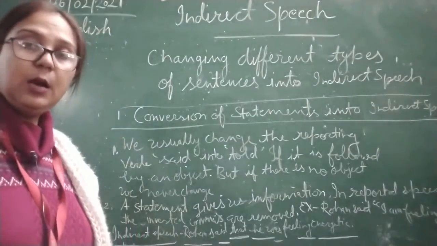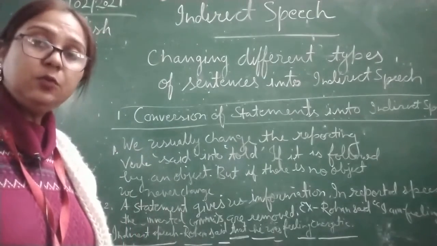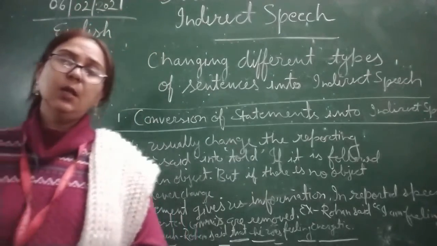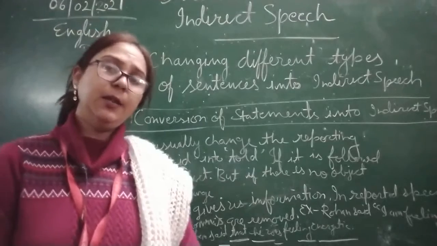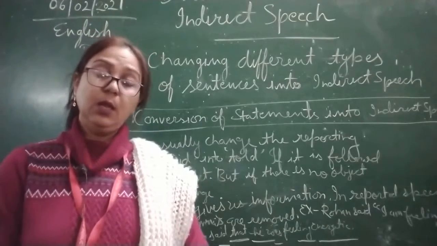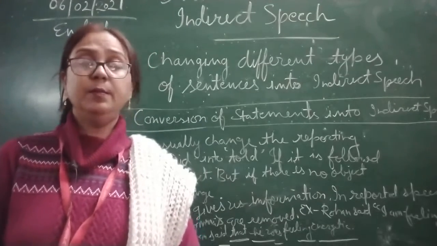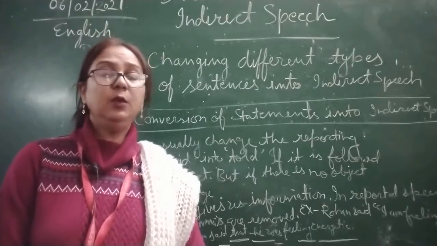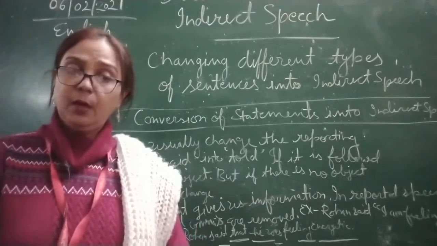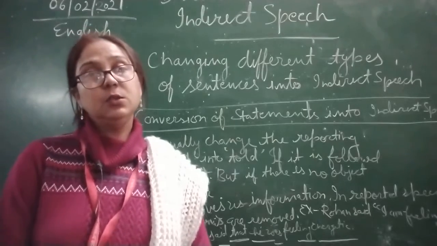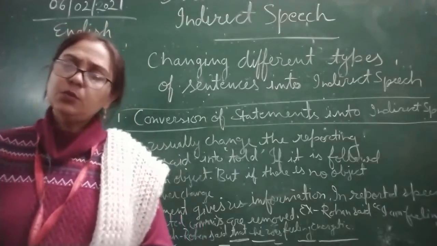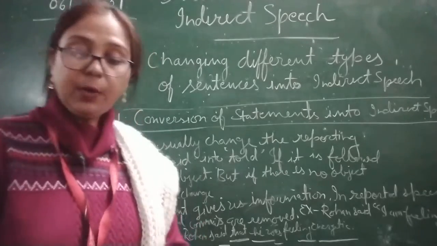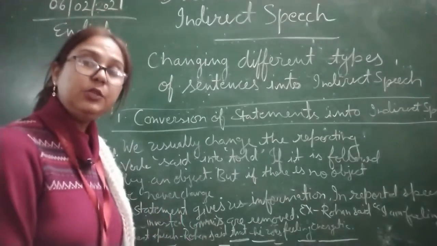Okay children, now let's move to the next rule. While writing indirect speech, if we are showing time, place, these types of things, and if an object is followed, we can use many words in place of said and told. According to the sentence we will change.